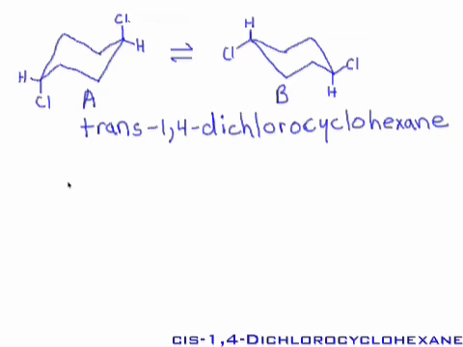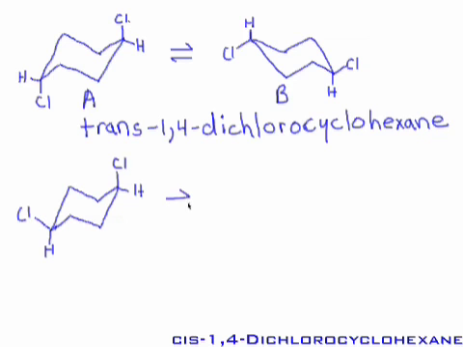Now, what about the cis? If we take a look at the cis, if we go cis 1,4, well, if one chlorine is up, to be cis, or above the plane, the other chlorine must be above the plane. And what's interesting is when it's cis, one chlorine is axial, and one chlorine's equatorial.